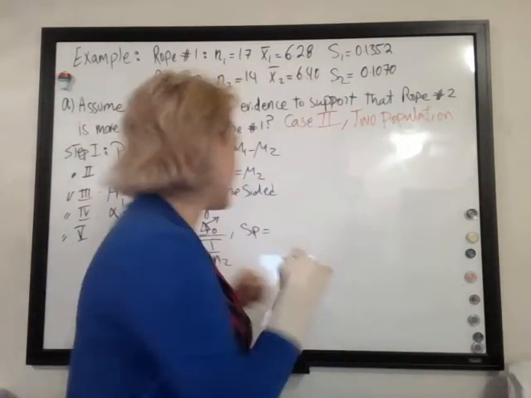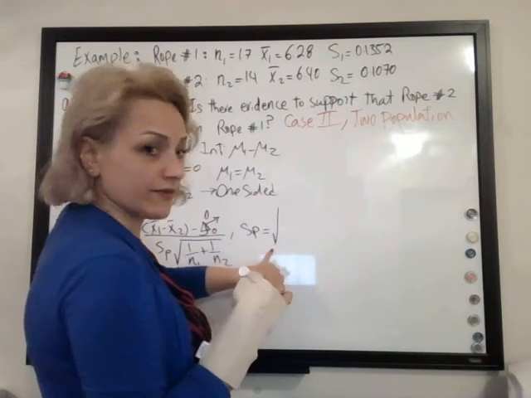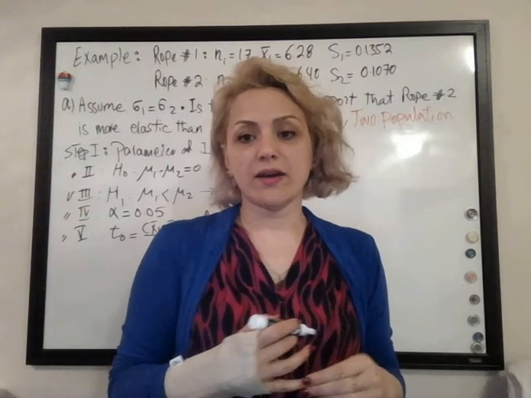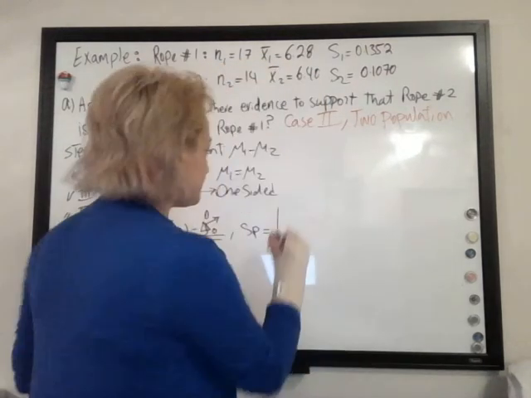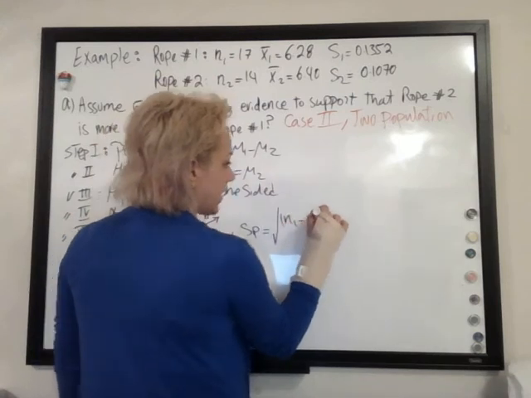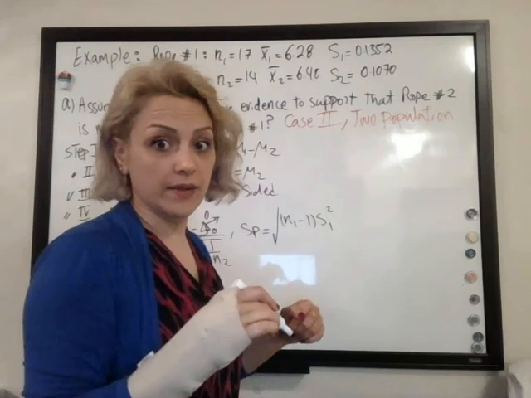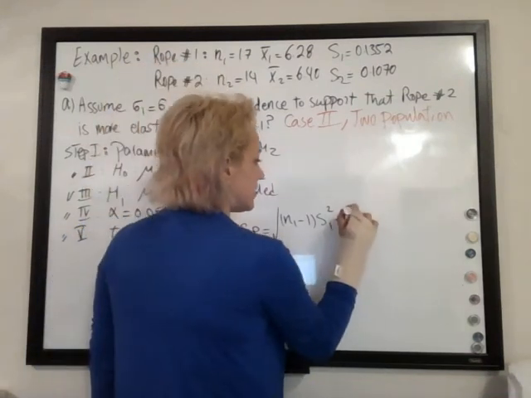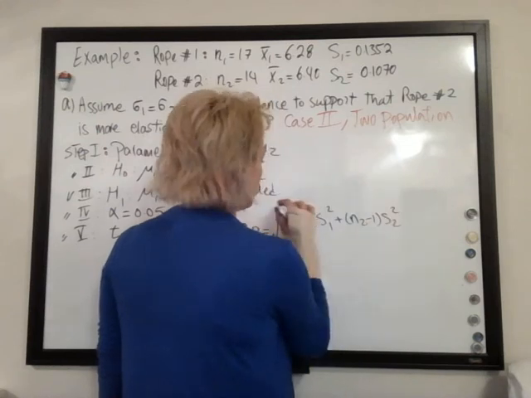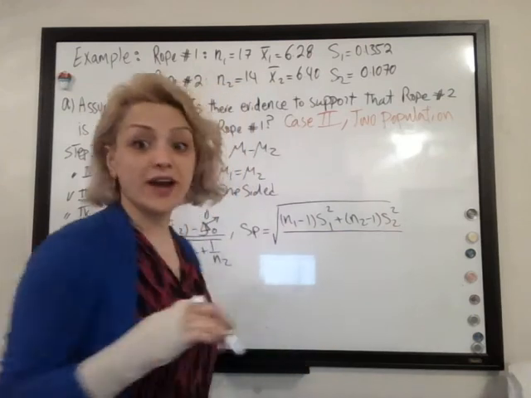we would say that it's equal to the square root. You can say SP squared and then you wouldn't have the square root, but it's the same. So we can write the variance or the standard deviation. N1 minus 1 times S1 squared, because it's under the square root, plus N2 minus 1 times S2 squared, and then we divide by the degrees of freedom.